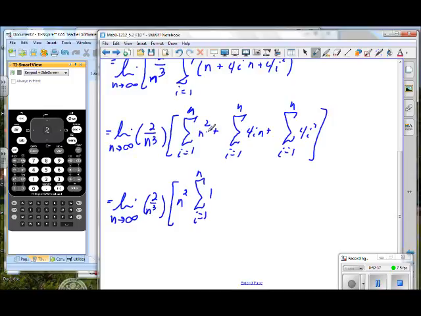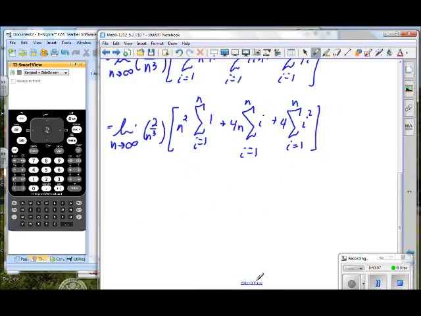So I have n squared times 1, so I pull the n squared out because it's a scalar, plus 4 times the summation as i goes from 1 to n of i, because I'm going to pull the n out also, plus the summation as i goes from 1 to n, the 4 comes out as a constant, and I have i squared.